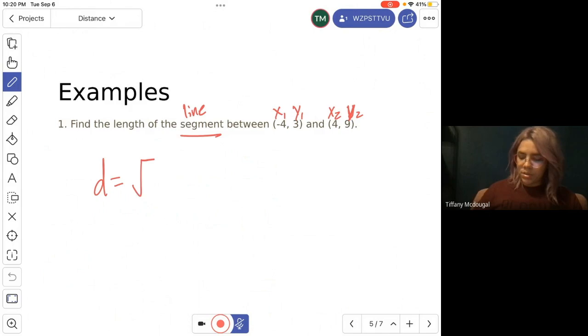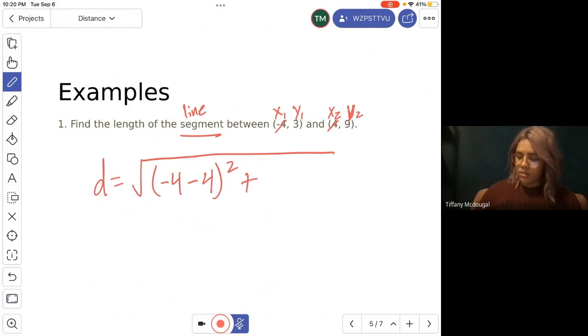d is equal to x1 minus x2 plus y1 minus y2 squared. All right.